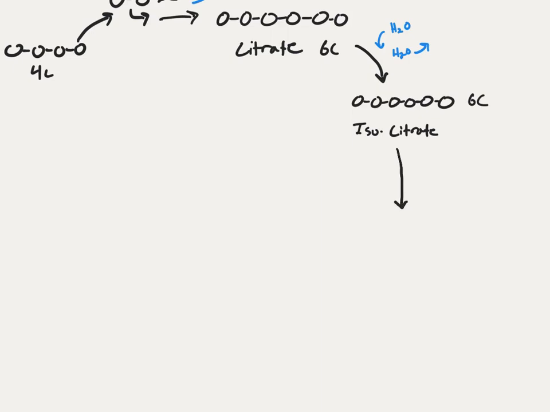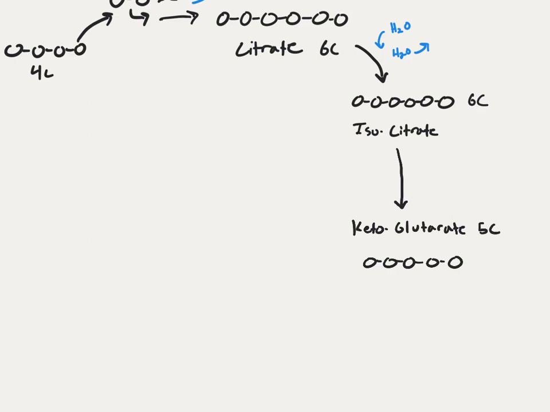The isocitrate is going to be converted to another molecule called ketoglutarate. It has 5 carbons. Where do you think one of those carbons is lost to?